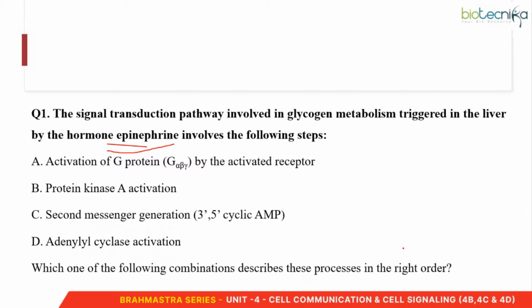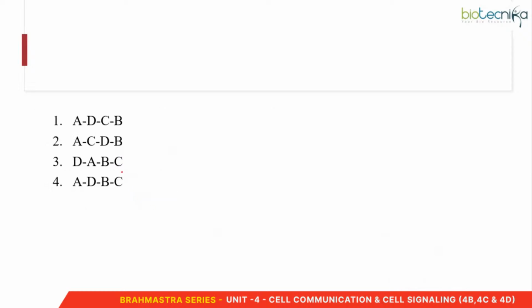Now you need to identify the correct order in which the signaling proceeds. These are the options: A, D, C, B; A, C, D, B.